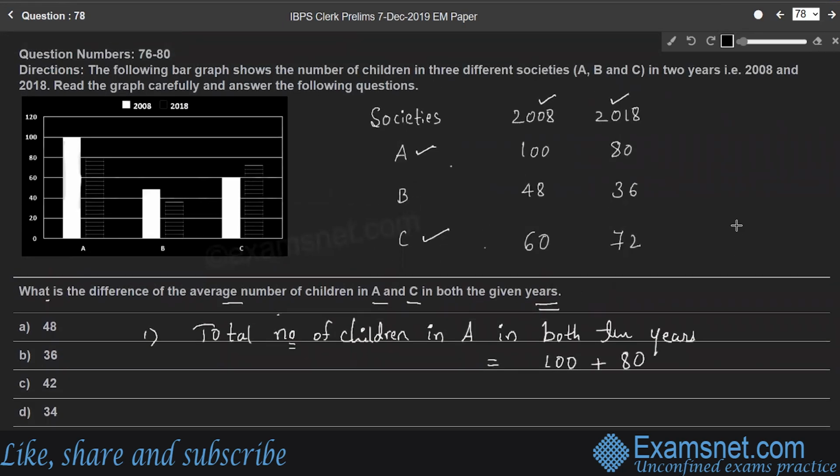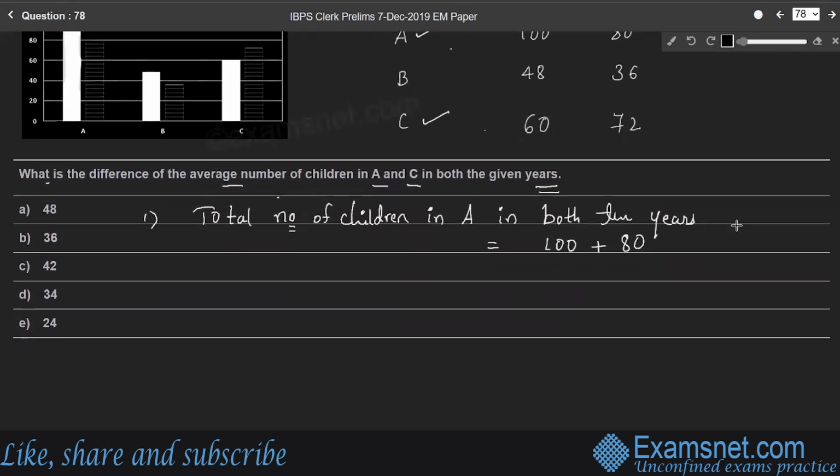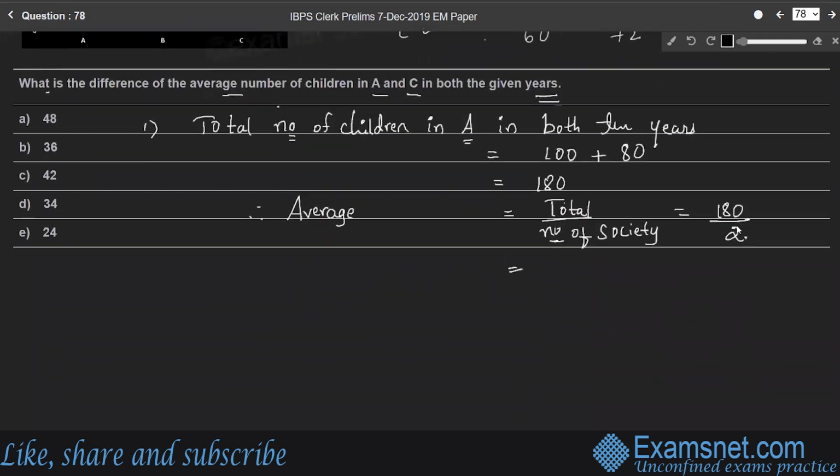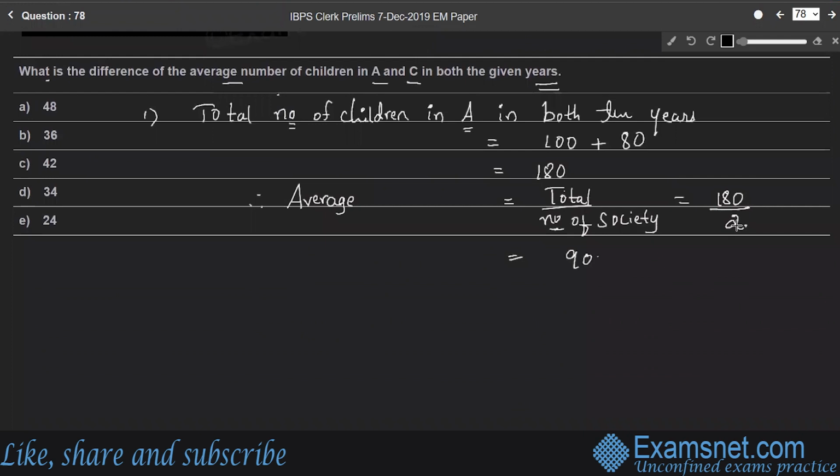In 2018, there are 80 children. So totally it is 180 children in society A. Therefore, average is equal to total students by number of societies. So 180 divided by 2, so the average is 90 here.